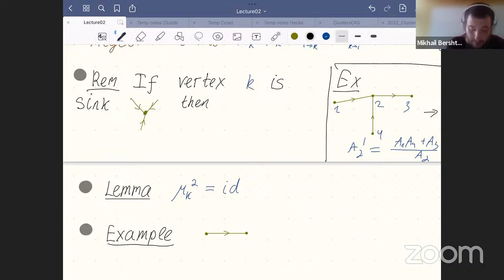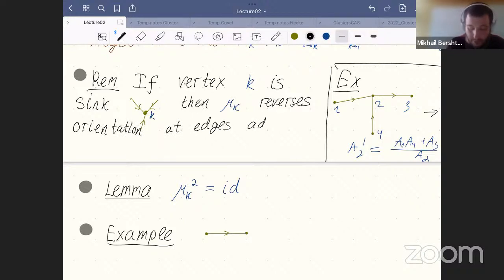Then mutation at k reverses the orientation of the edges adjacent to k.